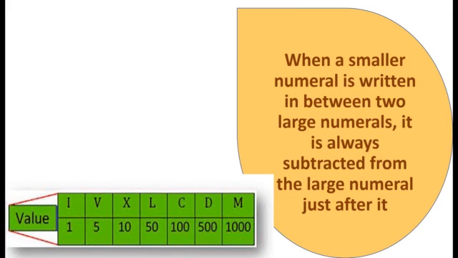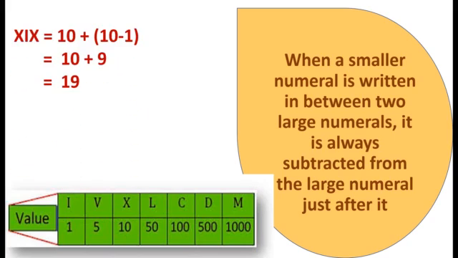The next rule says, when a smaller numeral is written in between two large numerals, it is always subtracted from the large numeral just after it. For example, if I take XIX, that means two Xs, and the value of X is 10. In between, I is written, that is 1. So in between the two large numerals, a smaller numeral is written. That is why we have to subtract the smaller one from the bigger one which is coming just after it.